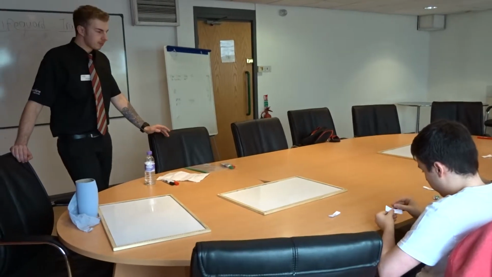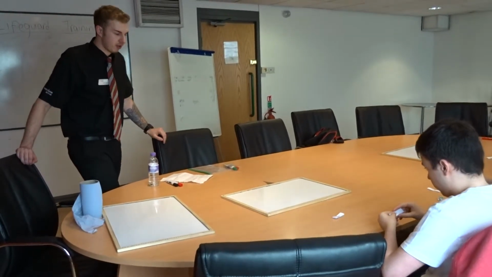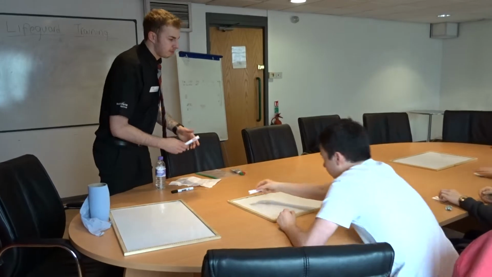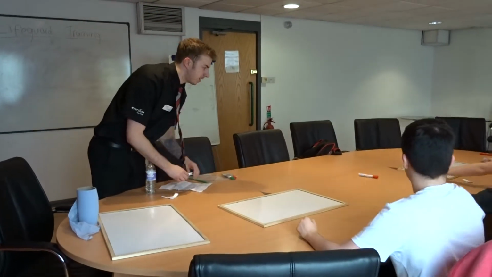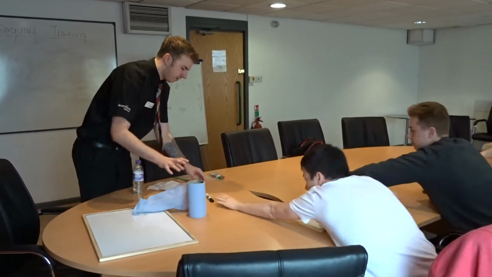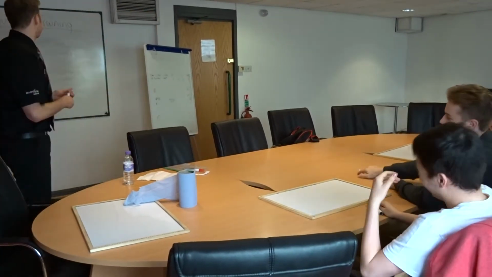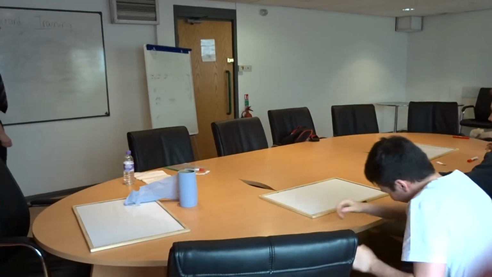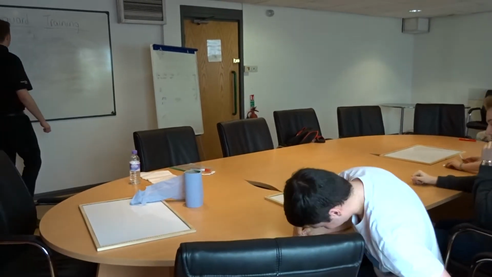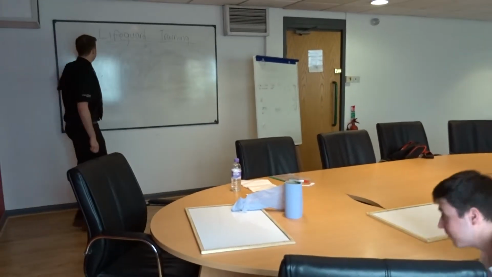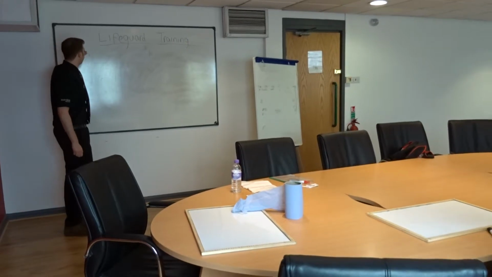Okay, so if we divide our whiteboard, if we've got a whiteboard each, there is a blue roll there. If we divide our whiteboard into 3, so we're going to have to split it into 3 like this. On this side, types of communication.